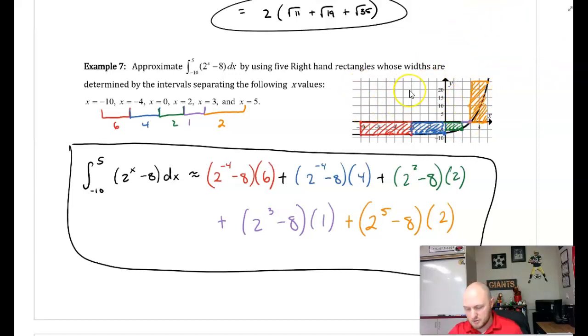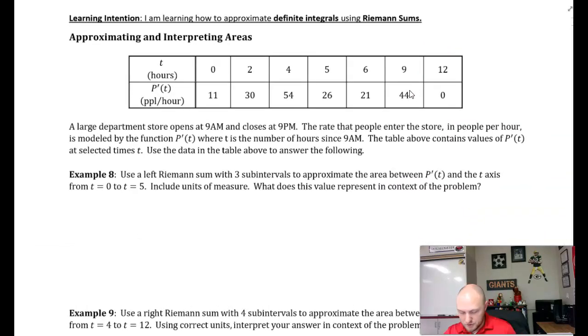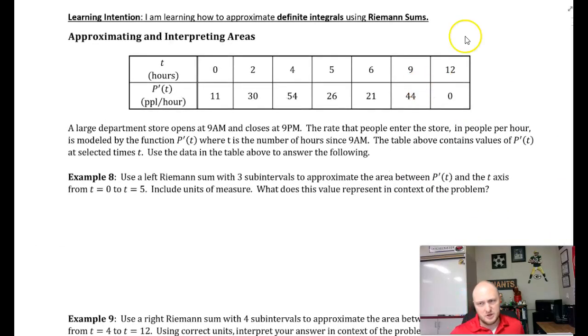You may see these on multiple choice questions. Here are some examples pulled directly from a free response question in the AP exam. We're given a table of data and some context.